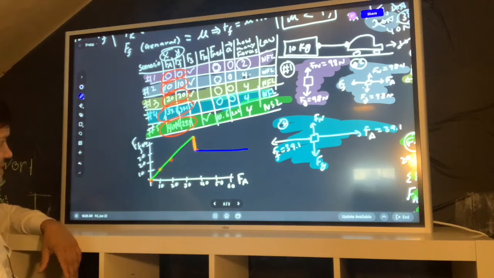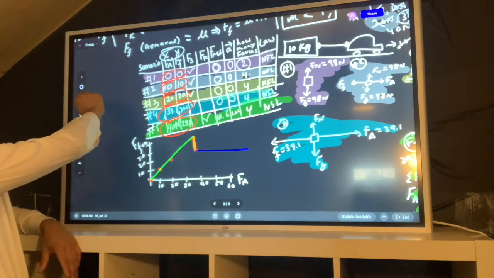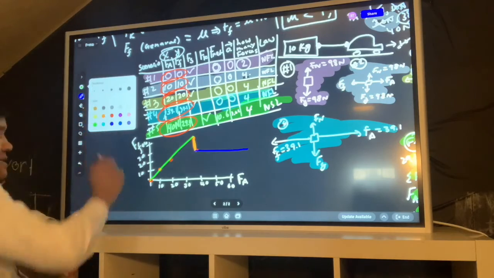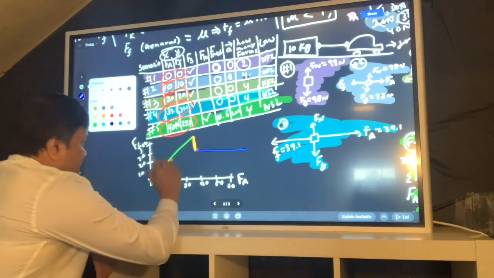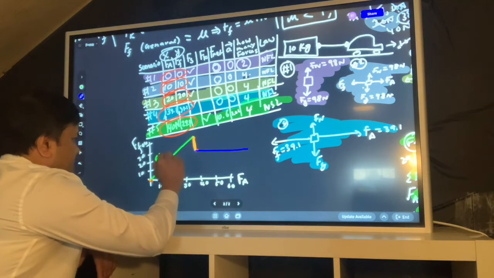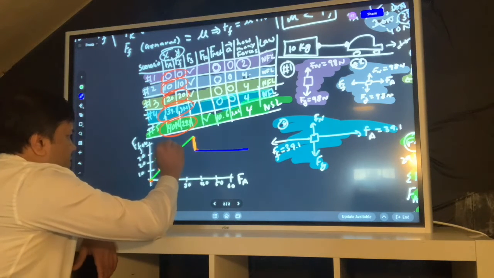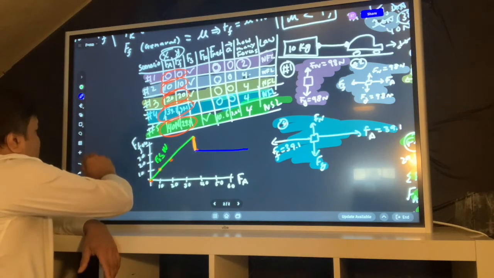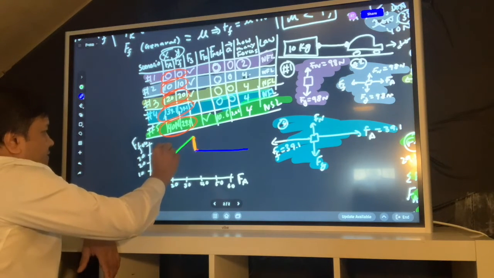Okay, so let's see what's going on. So this one is Fs less than or equal to mu s Fn.